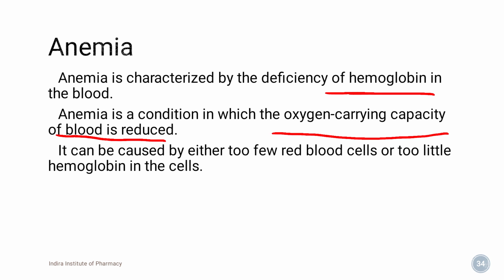The iron molecules are responsible for carrying the four oxygen molecules. So if the level of hemoglobin is less, the oxygen carrying capacity will also be less. Both these conditions can be caused by either too few blood cells or too little hemoglobin in the cell. So if the blood cells themselves are less, ultimately the level of hemoglobin will also be less.